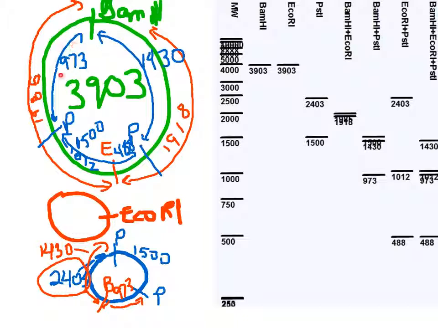So 973, 1012, 488, 1430. And is that what we get? 1430, 1012, 973, and 488. So I think my map's correct.